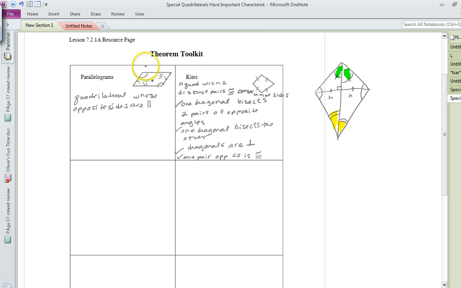Its angles were copied, and we can see that both pairs of opposite angles are congruent. Another reliable characteristic is that both pairs of opposite sides are congruent.